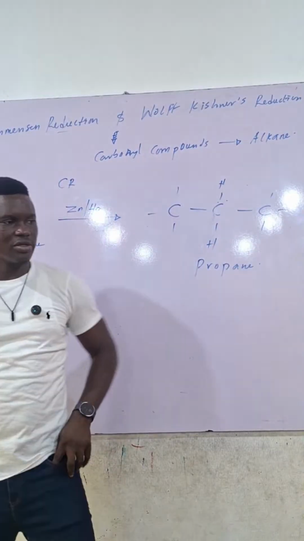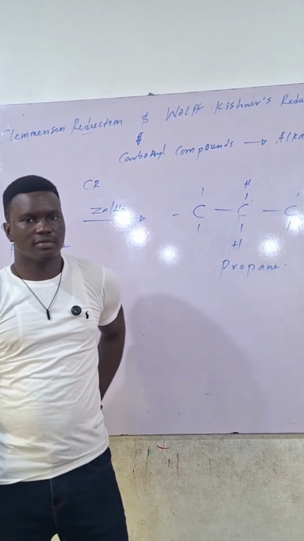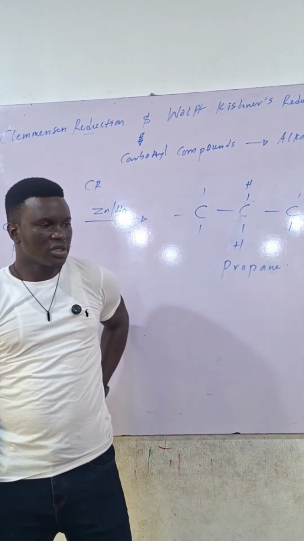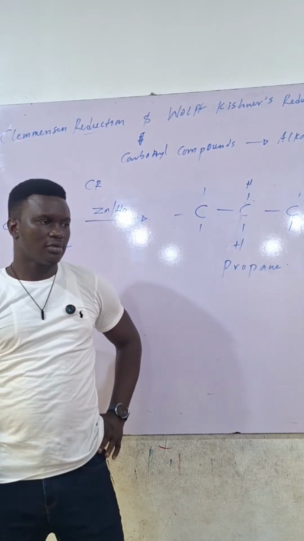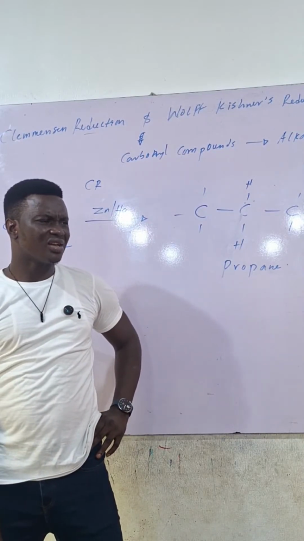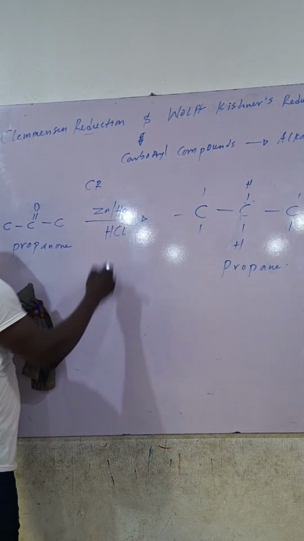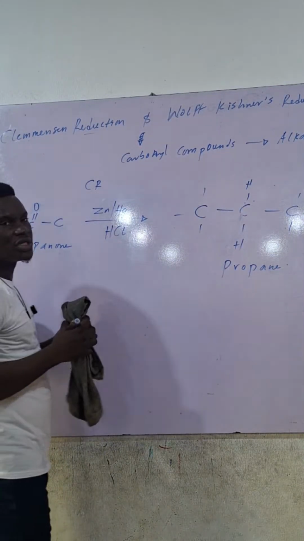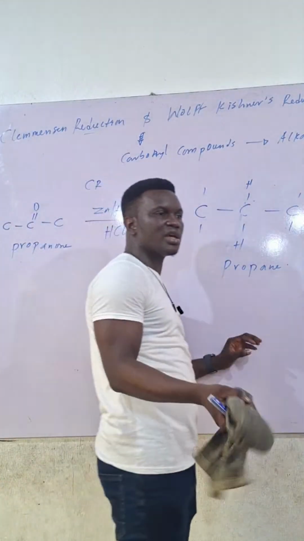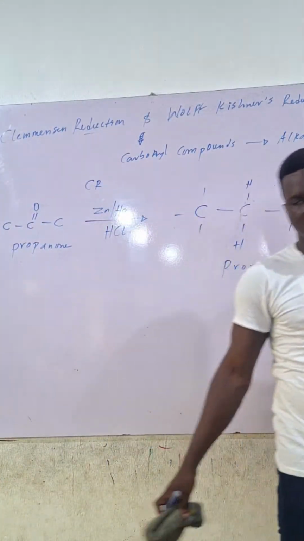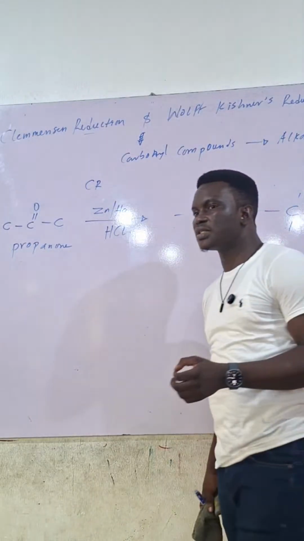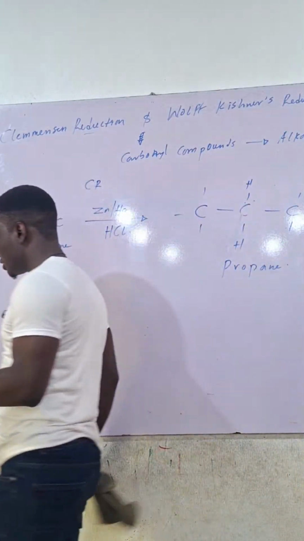So, Clemmensen's reagent is zinc amalgam in HCl.